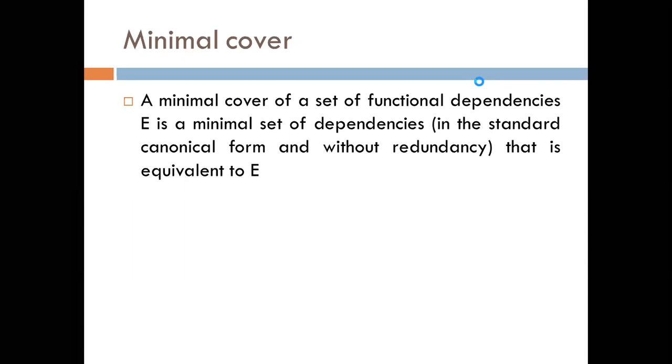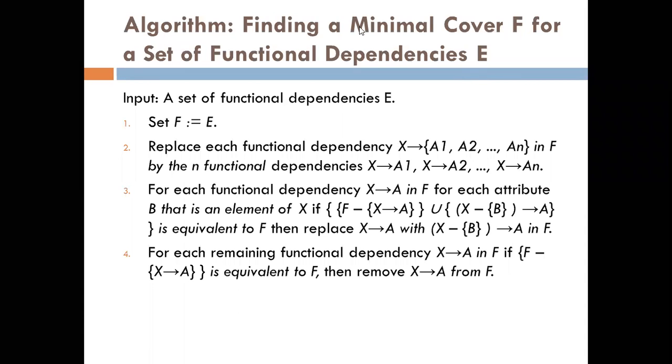Next, let us look at the algorithm for finding the minimal cover. The input is a set of functional dependencies E, the set we are considering. The aim of the algorithm is to find the minimal cover F of the set of functional dependencies E. E is our given set of functional dependencies, and for this set we have to find the minimal cover.